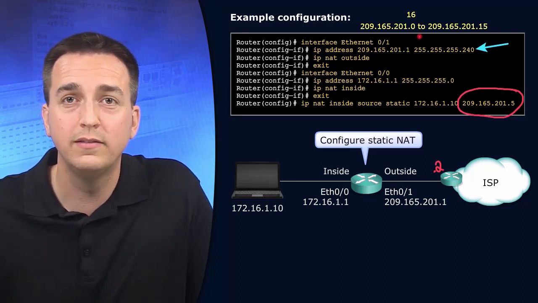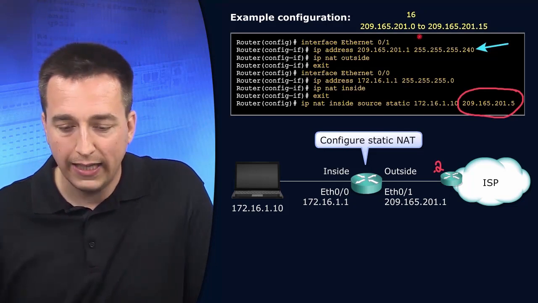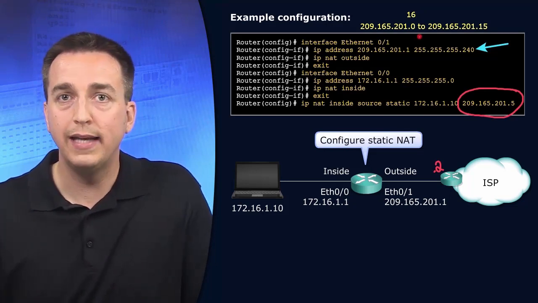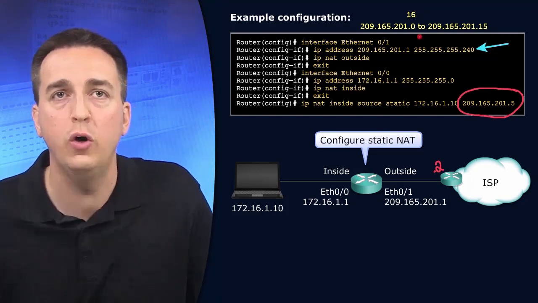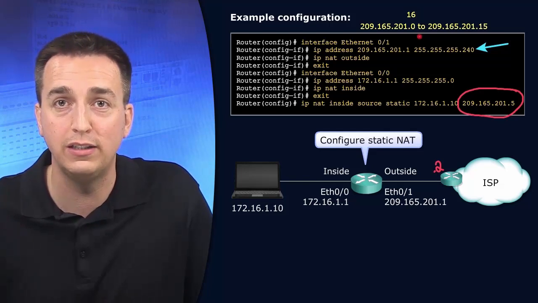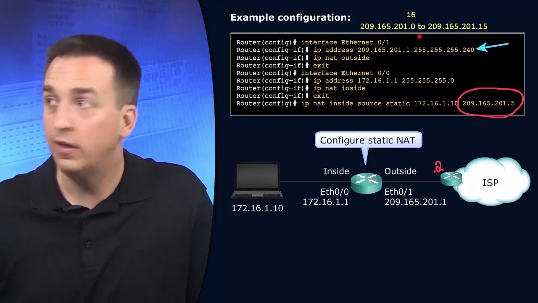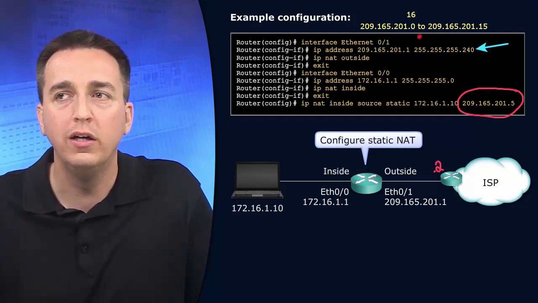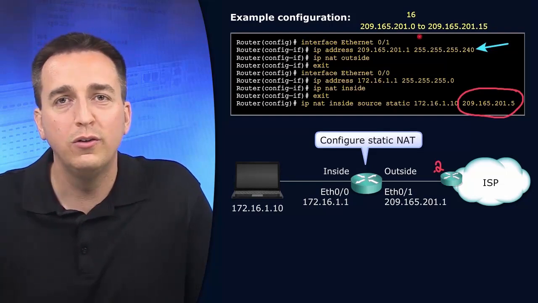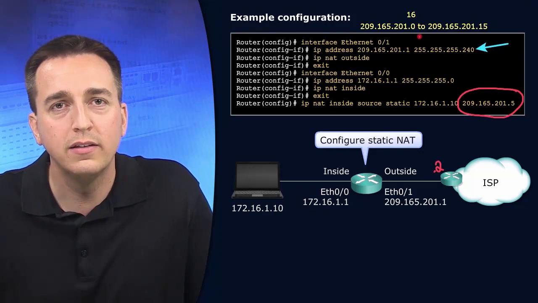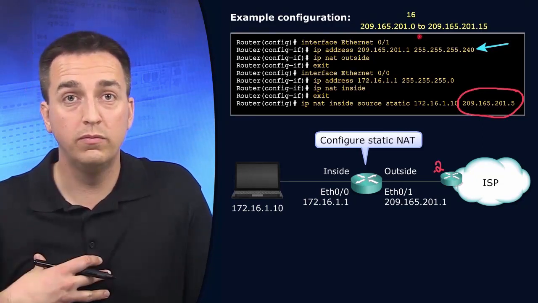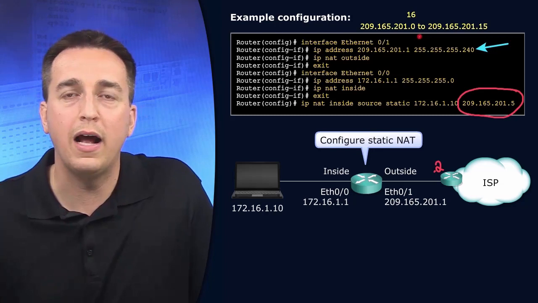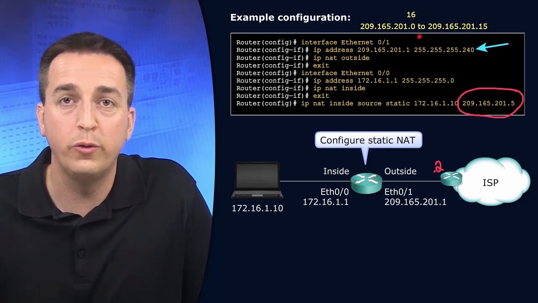Yeah, it does. So as long as the ISP is advertising the 209.165.201.0/28 network into the internet, in Border Gateway Protocol, then the web server will know how to get back to that IP address. So it'll send it to what?